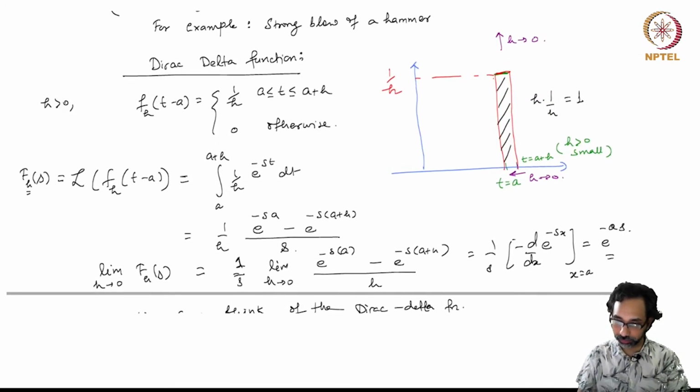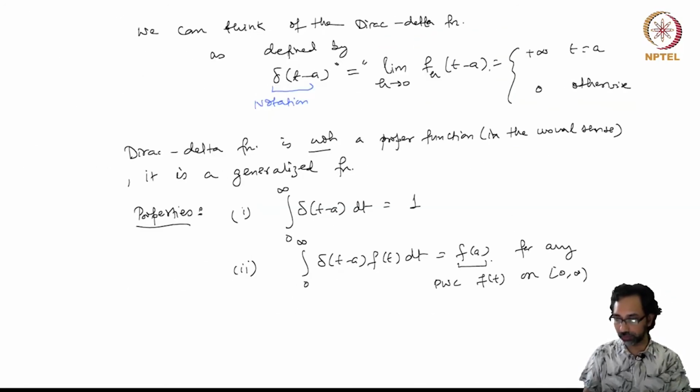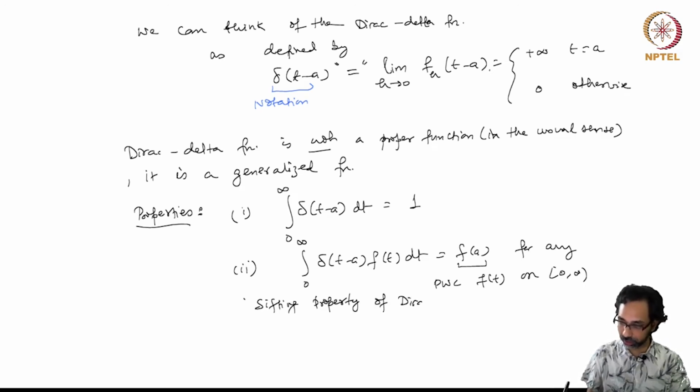We saw that in the case here, this is our f(t), then it gives you f(a), which is e^(-as), and you can do the same analysis with any other function, not necessarily e^(-st), and you will get the same answer, which is f(a). And this is called the sifting property, not shifting but sifting with an s, sifting property of the Dirac delta function.